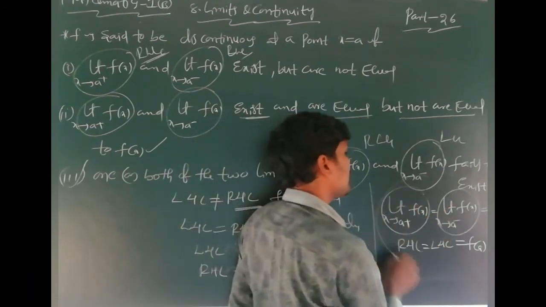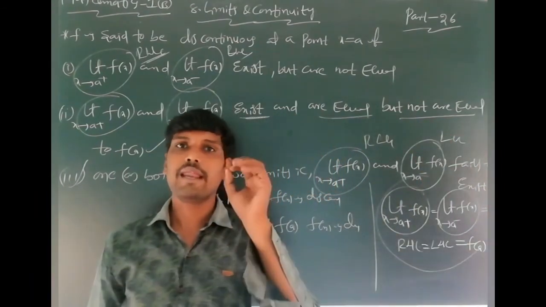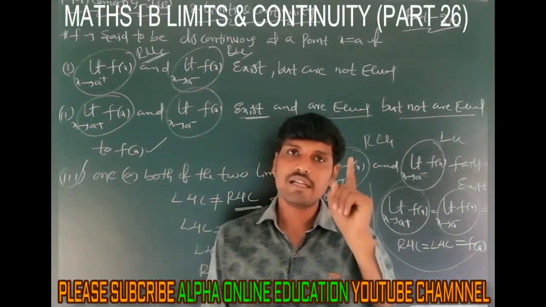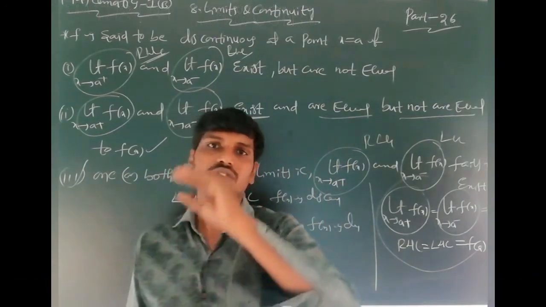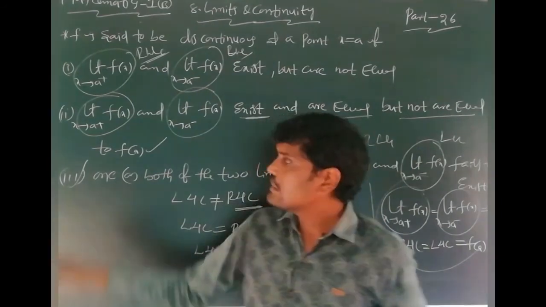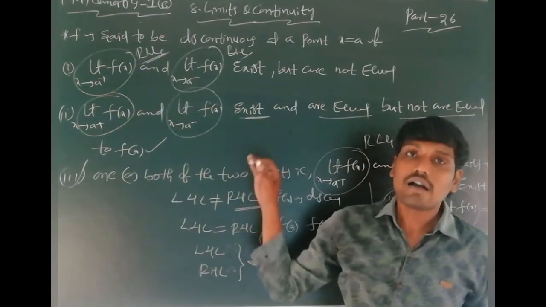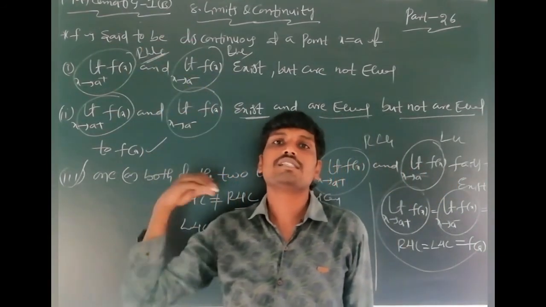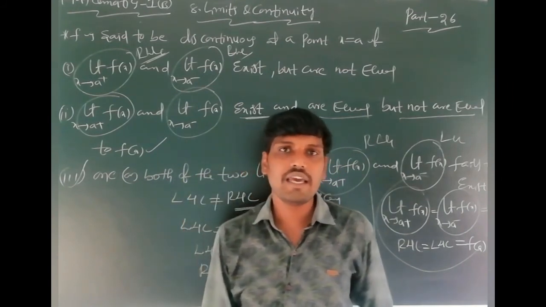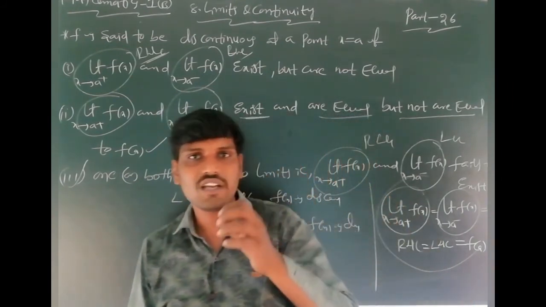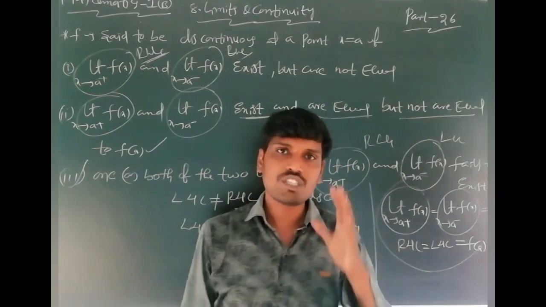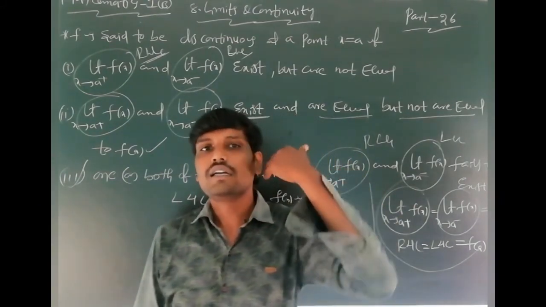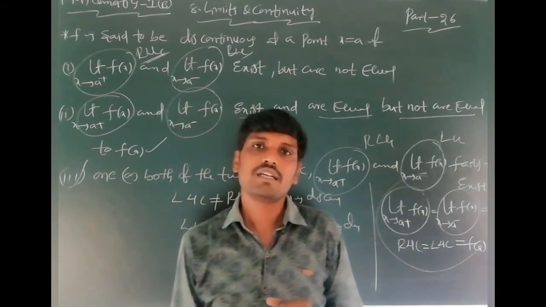This is a very useful and very important point, by the definition and condition of the continuity of f of x at x is equal to a. These three conditions are for f of x being discontinuous at x is equal to a. Today's class discussed the definition and conditions of continuous and discontinuous. Okay students, next class we will discuss problems of continuous and discontinuous.